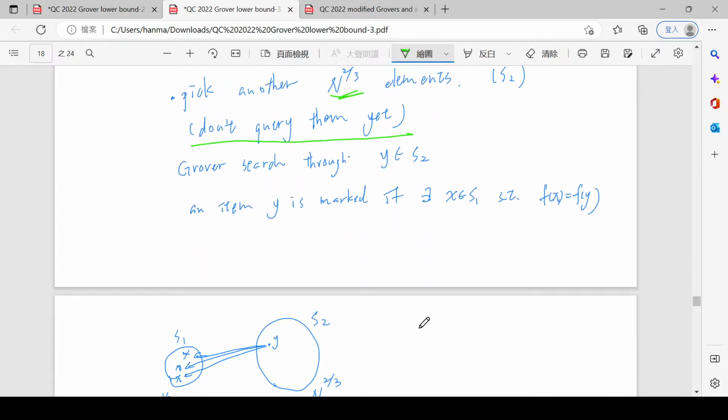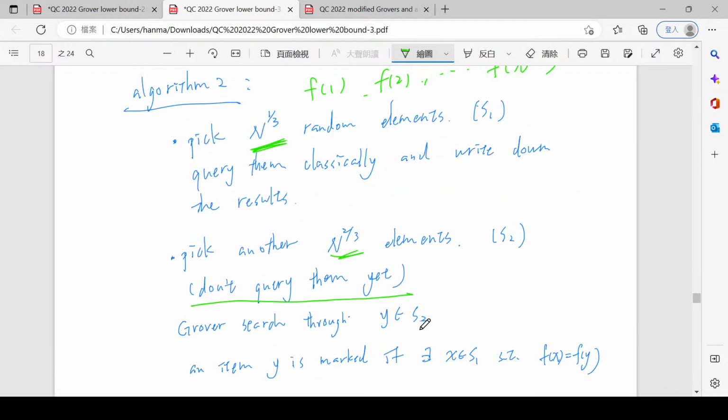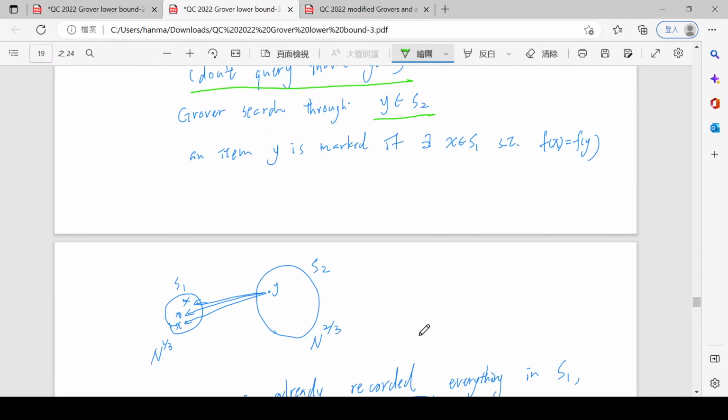And now the interesting part. Now we Grover search through everything in S2. So we have a picture here. We have S1, where we know every element. Then there is an S2 that we want to compare to S1.